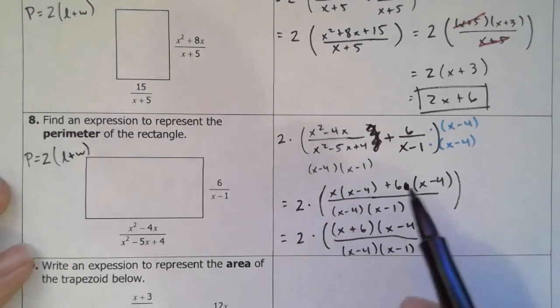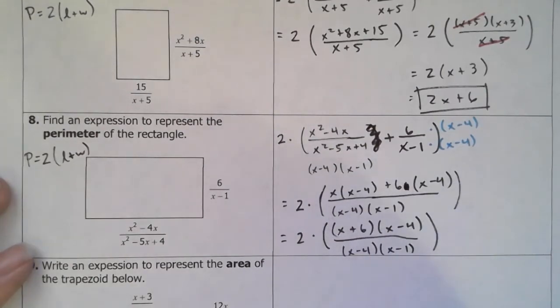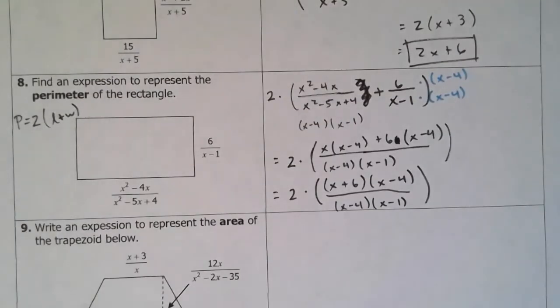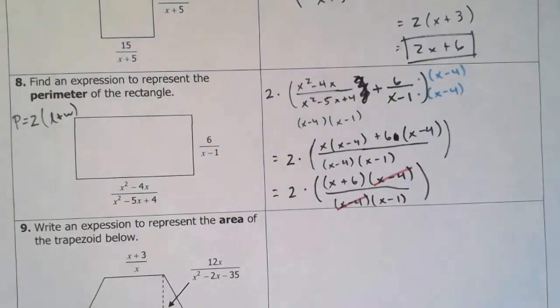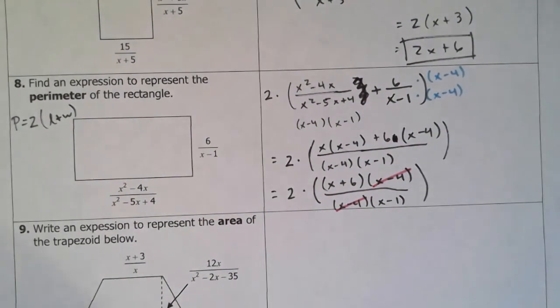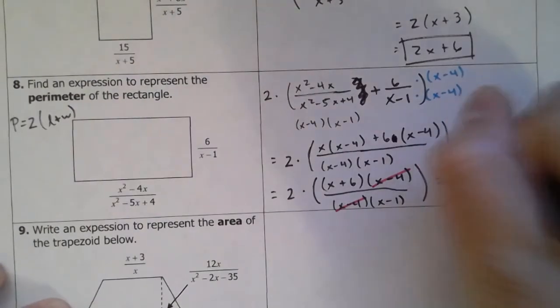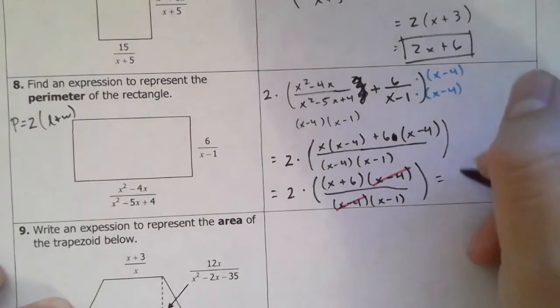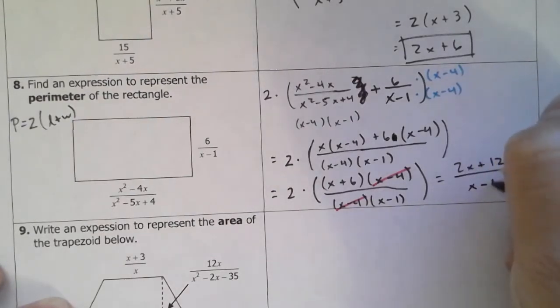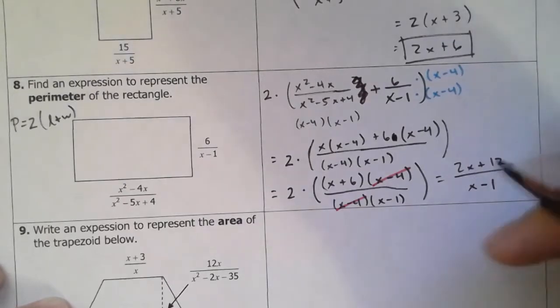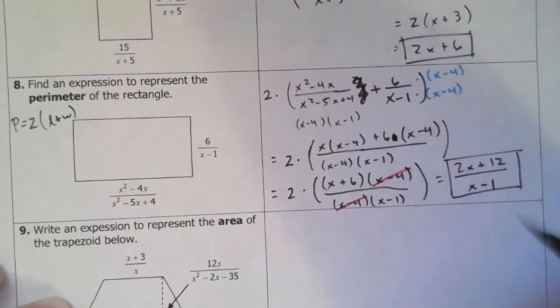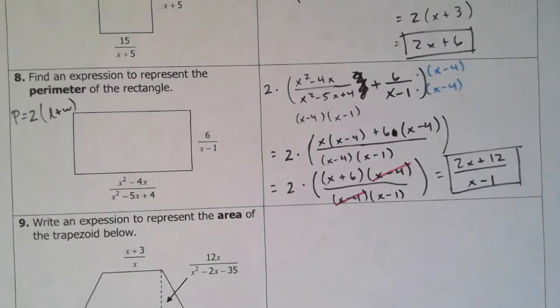If you factored it, you're going to get these two guys here. So from here, I can cancel out the x minus 4, and that's it. If I distribute that 2 in, I'm going to get 2x plus 12 all over x minus 1. And this is the expression that will represent the perimeter.